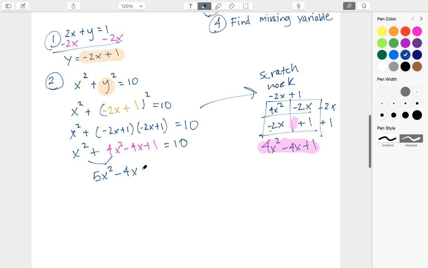And then we have a minus 4x plus 1, just bring these down, equals 10. Well, my goal is to find x, and I can't do that yet. So I need to go ahead and become a problem solver and subtract 10 on both sides. And we'll get 5x squared minus 4x minus 9 equals 0.